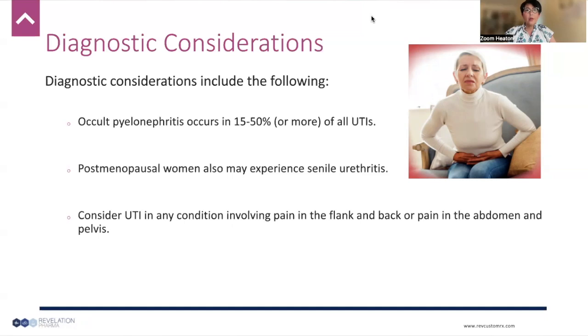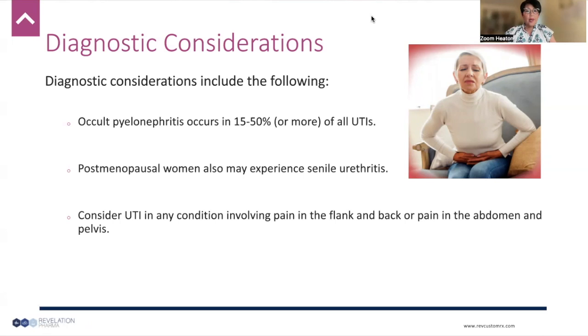So these patients may present with an unexplained fall or a change in mental status. And in addition to urinary burning, frequency and urgency, these patients may complain of vaginal and vulvar itching and discharge. Physical examination reveals a dry, pale vaginal epithelium and eversion of the urethral mucosa, and senile urethritis responds to topical estrogen therapy.